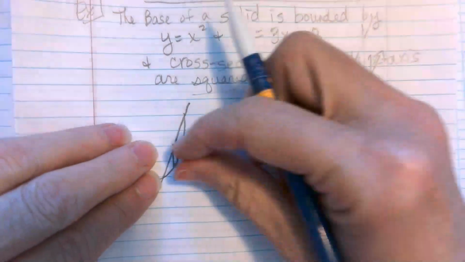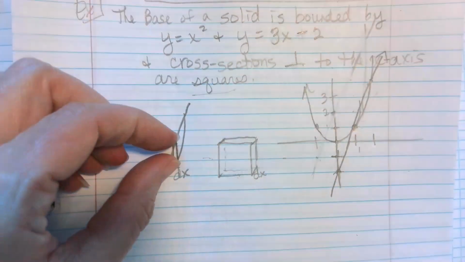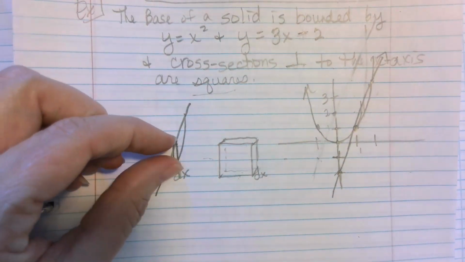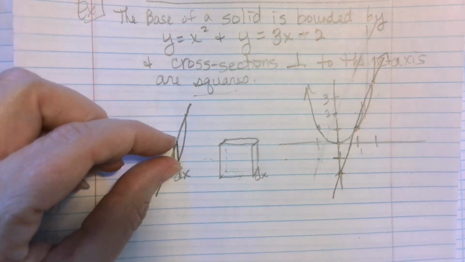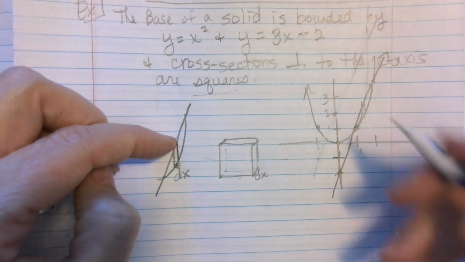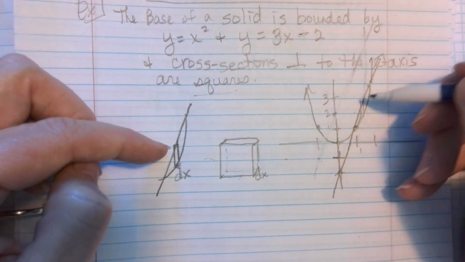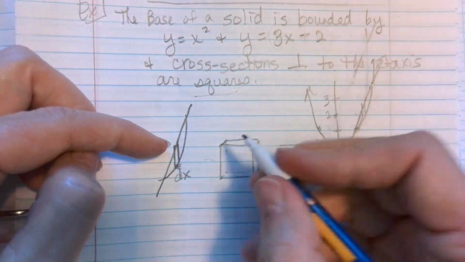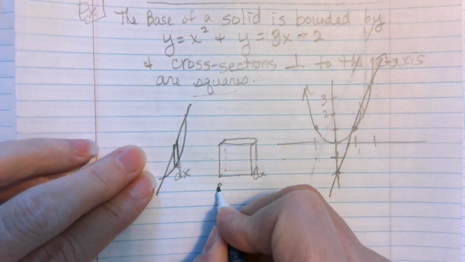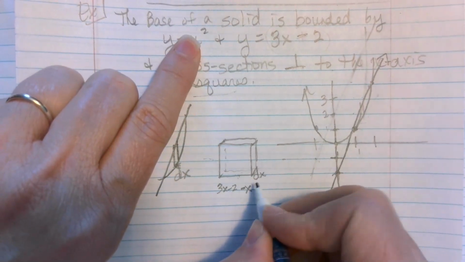Well, what we have to remember is how do we get that length from the 7-1 section? Well, we might say the top minus the bottom, right? The top y value minus the bottom y value. And the top y value came from the line, right? So this is 3x minus 2 minus the x squared.